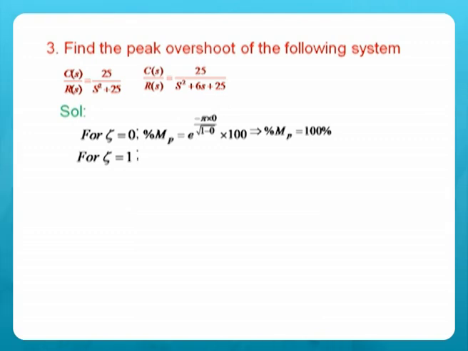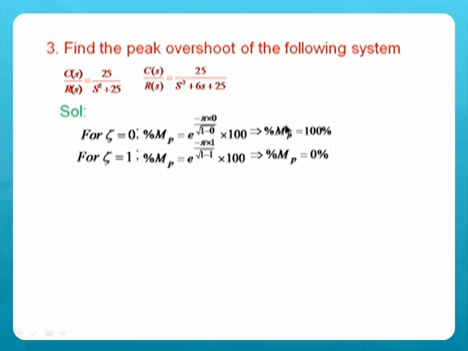Now you can see that for zeta equal to 1, the peak overshoot will be 0%, because as zeta increases, the peak overshoot will decrease to 0%. Means zeta equal to 1 means it is a critically damped system, so no question of peak overshoot exists.